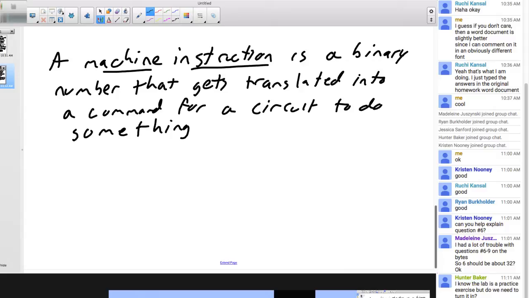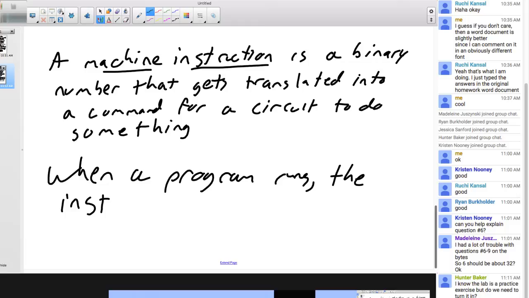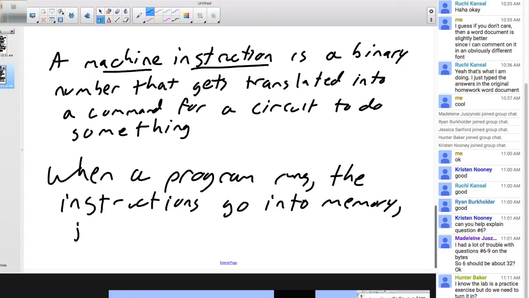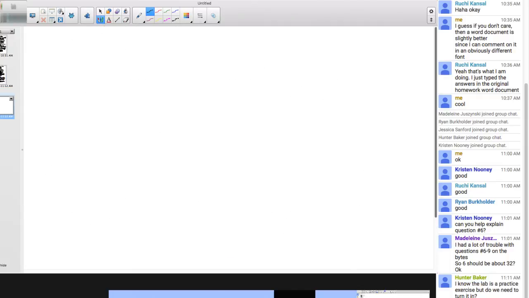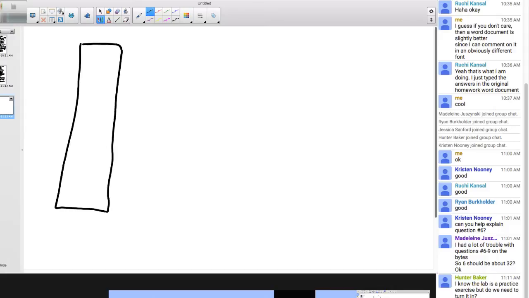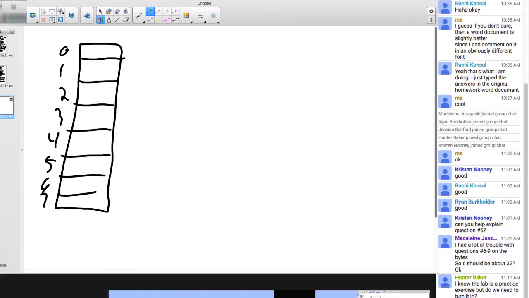Okay? So when a program runs, the instructions go into memory just like data does. Remember that chart I had before? I'm going to make a new page and draw it vertically now instead of horizontally, of memory. They all have different addresses, and these are the addresses of memory. This is a very, very small memory that only has 8 things in it.